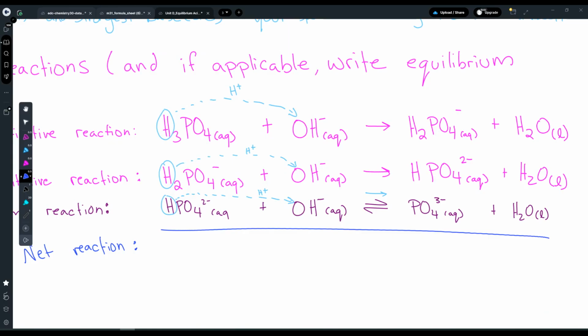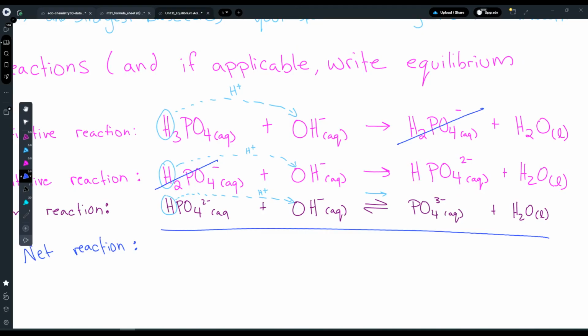I'm noticing we have dihydrogen phosphate here and here. Because there are equal amounts on opposite sides of the reaction arrows, these cancel out completely. There aren't any other substances on opposite sides of the quantitative reaction arrows for my pink reactions.